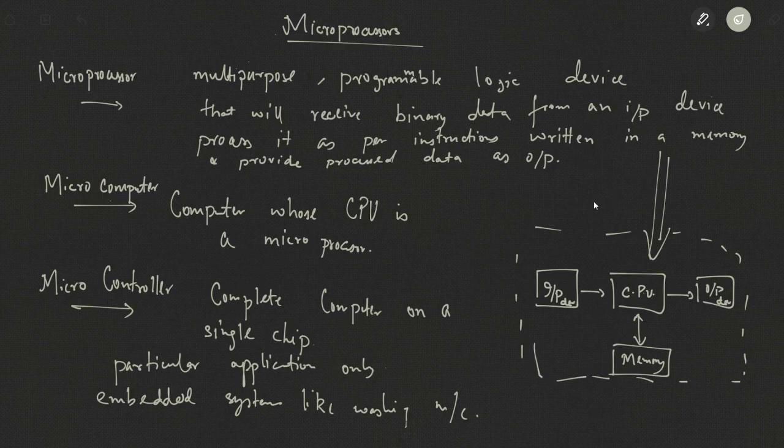If this CPU is a microprocessor, that means you can change its program, you can change the input type, you can change the output type, then it becomes a microcomputer. But if you cannot change this CPU, this input output and the memory itself, all on a single chip, then it is actually a microcontroller that's built for one single purpose only.